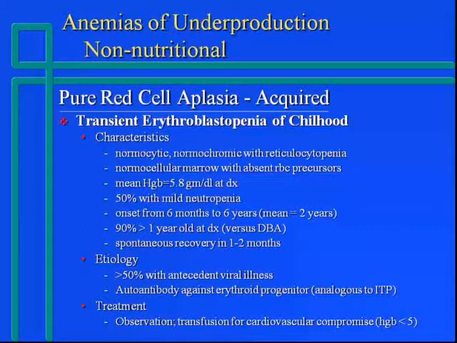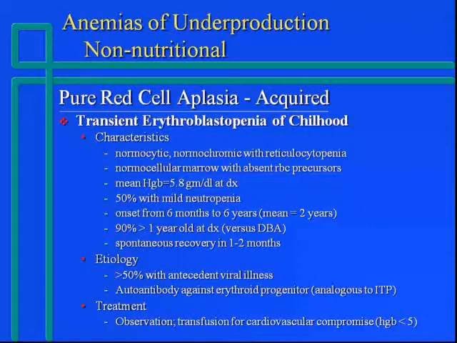The onset in general is between the age of 6 months and 6 years, but 90% of patients are older than 1 year at diagnosis, and this is the opposite of Diamond-Blackfan anemia, where 90% are less than a year of age. These patients will spontaneously recover in 1 to 2 months, and this is usually associated with an antecedent viral illness.